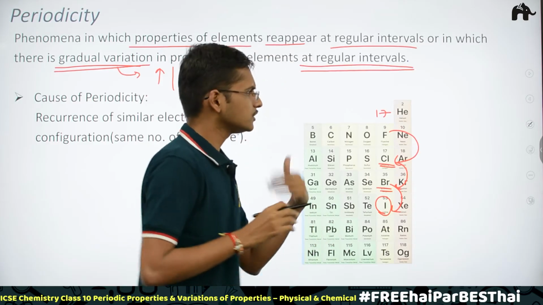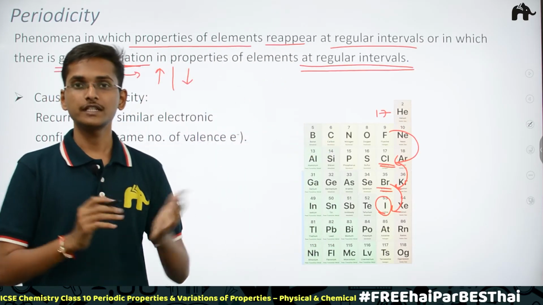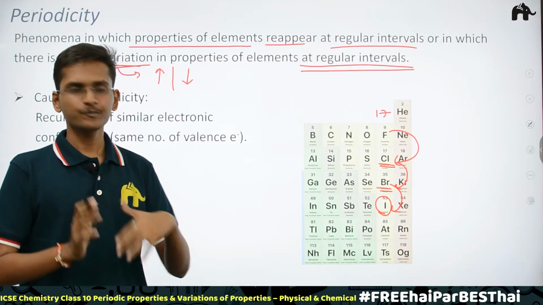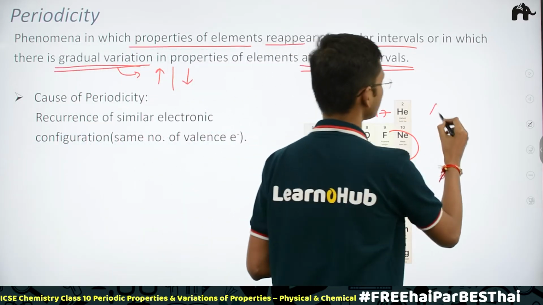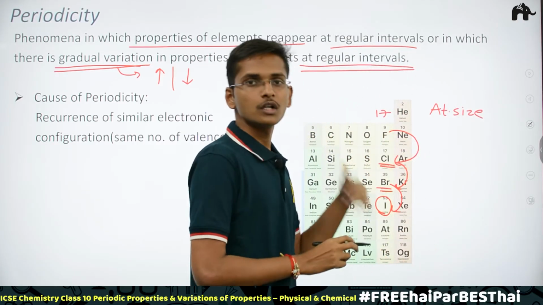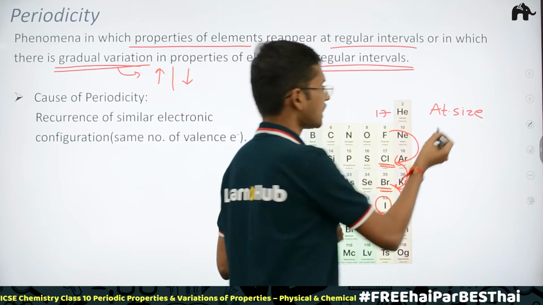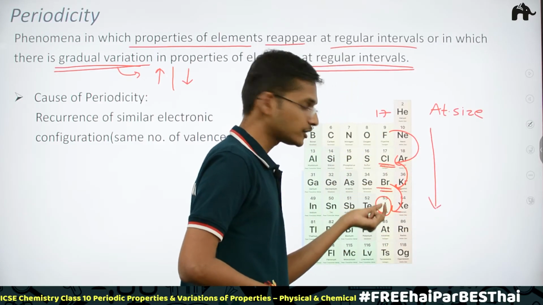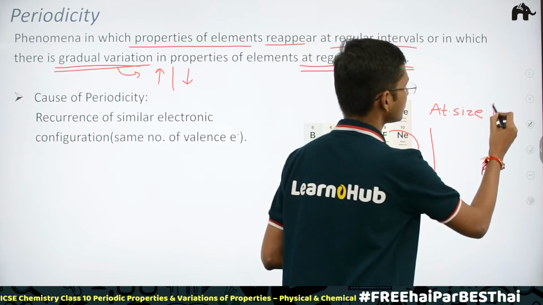Now you will understand this when we study the periodic properties in detail. For now just try to understand this in a superficial manner. Suppose we take the example of atomic size, which is a property of an element. You will study later that when we move from fluorine to chlorine to bromine to iodine, atomic size increases.